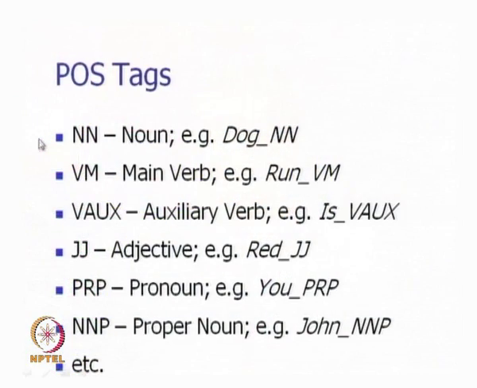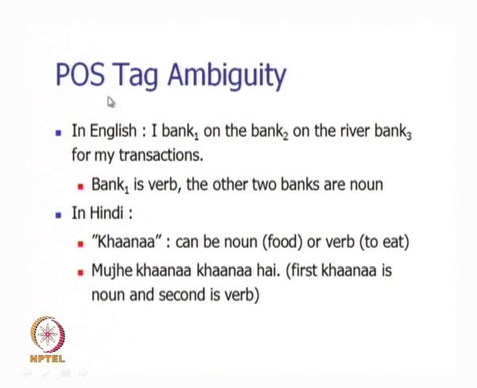Let us proceed. So, we have already looked at a number of examples with words and their part of speech tags. Now, part of speech tagging is essentially a disambiguation task. Look at this sentence here. In English, we have this sentence, I bank on the river bank for my transactions.